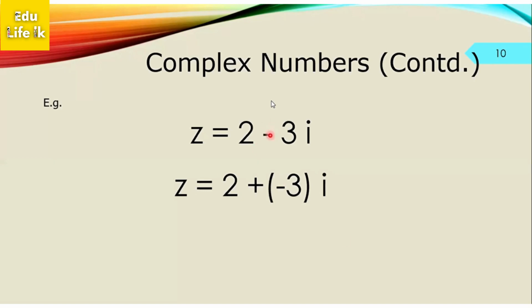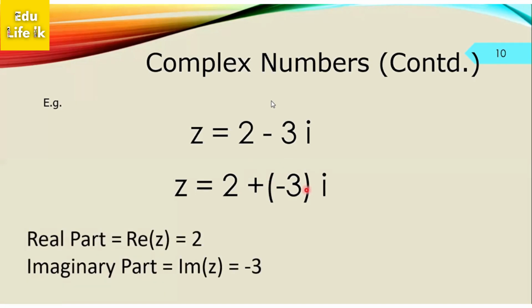But in our format we learned a plus sign should be there. Therefore we add a plus sign, and within brackets minus 3. Plus times minus becomes minus, no harm to the original number. This is the same as the earlier one. So our complex number becomes 2 plus minus 3 times I.